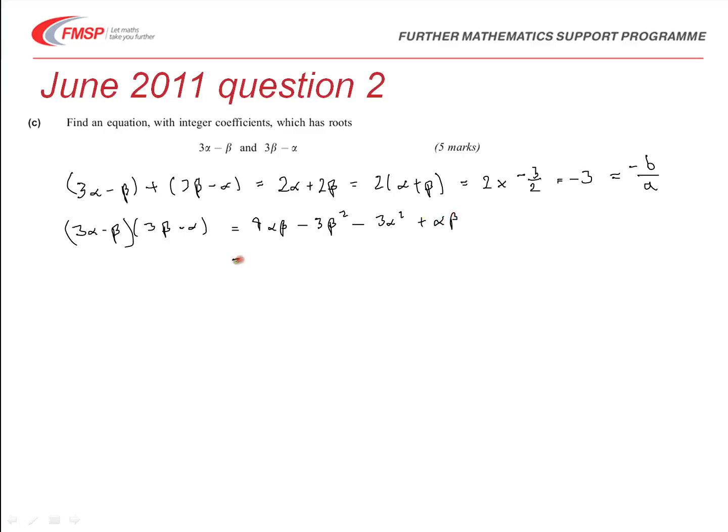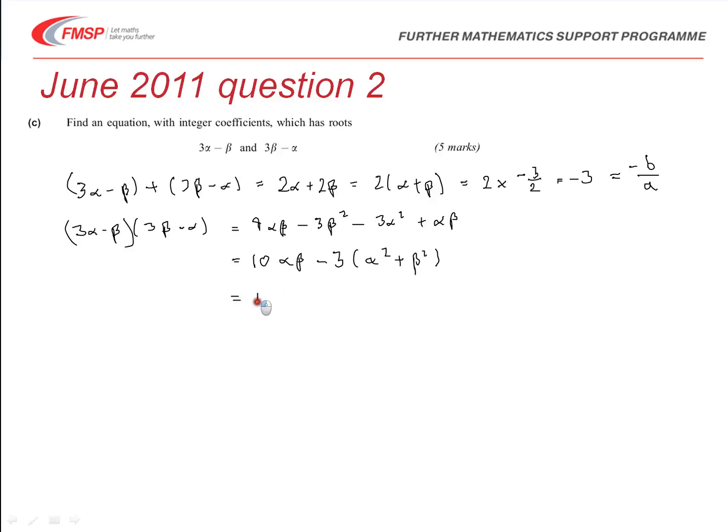So if we collect those together, we've got 10 lots of alpha beta from here and here. And then we've got minus 3 lots of, and then we can factorize it, alpha squared plus beta squared in there. Once again we know the value of alpha beta from the first part of the question.